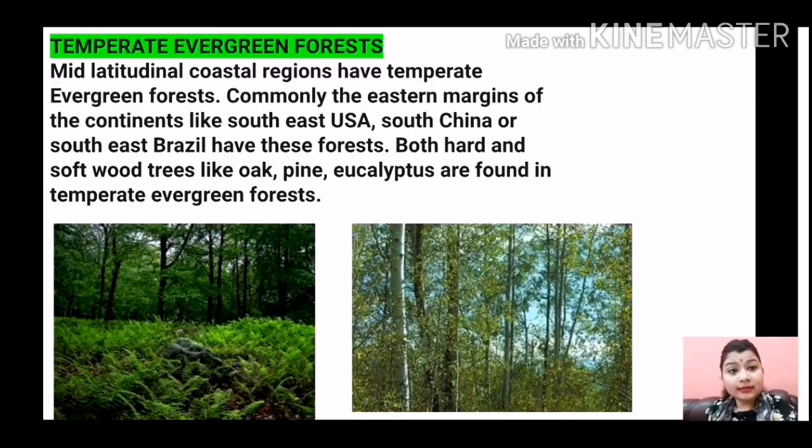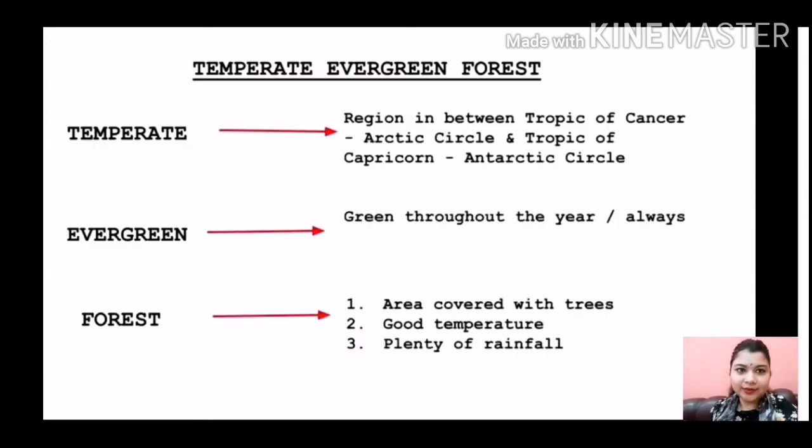Now I have prepared a mind map through which it will be easier for you all to understand. Now temperate evergreen forest. The word temperate means the region in between Tropic of Cancer, Arctic Circle, Tropic of Capricorn and Antarctic Circle. Evergreen, you all know, is green throughout the year.